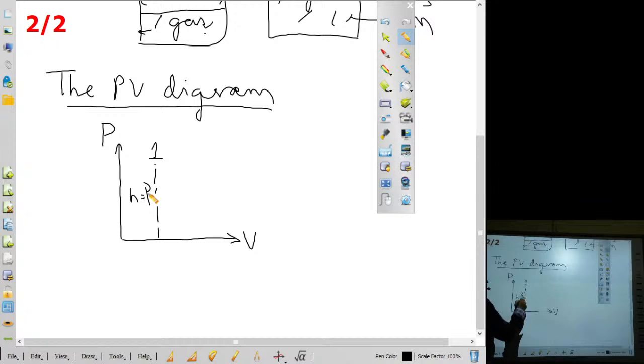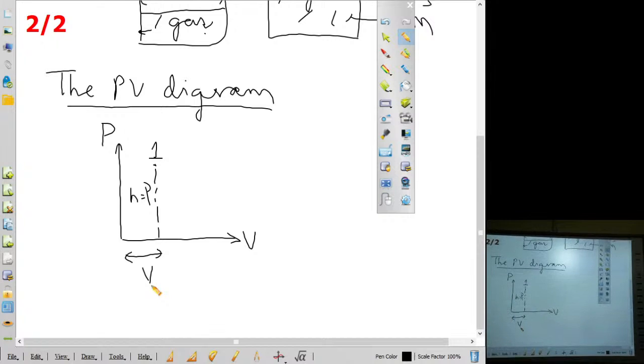Height is equal to pressure. And if you take the length at this point, length is equal to volume. So for this point, it will tell us how much volume is there. So the length for any point will be equal to the volume at that point. Height for that point will be equal to the pressure at that point. If you know pressure and volume, using that you can also find what is the temperature.